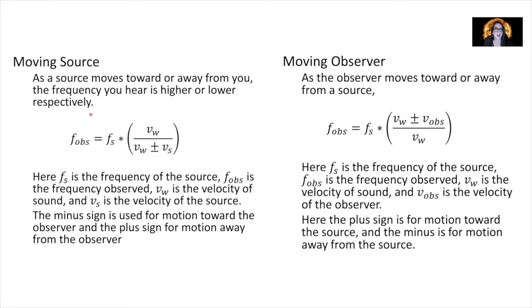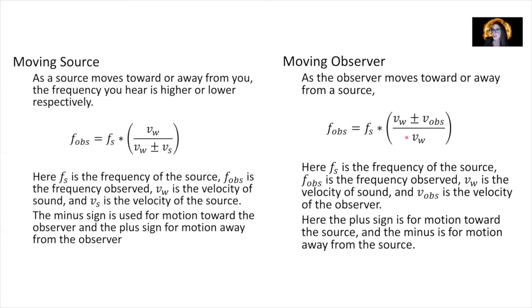So this was an example where the observer is stationary and the source is moving, but you could have the source stationary and the observer moving. In that case, the frequency that the observer would hear would equal the frequency of the source times the speed of the sound wave plus or minus the velocity of the observer toward or away from the source, divided by the velocity of the sound wave.